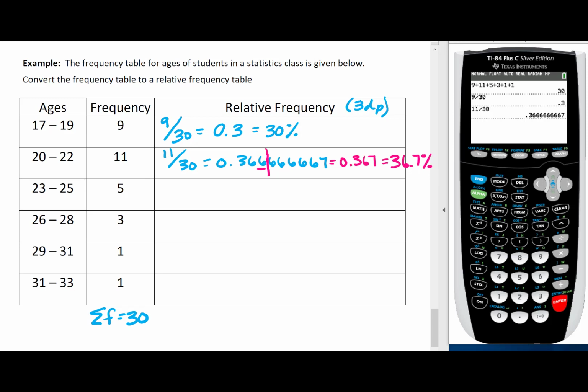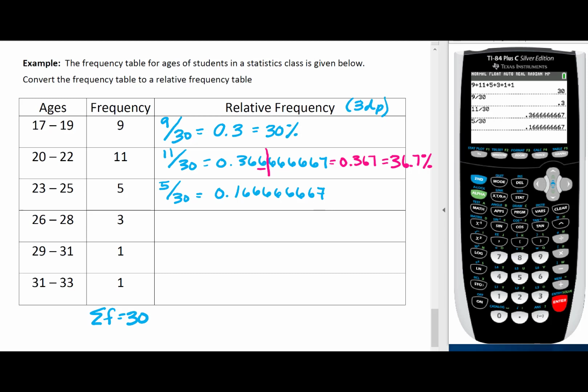Next, between the ages of 23 and 25, we have 5 students of that age. So we take our 5, divide it by our total of 30. Use our calculator, 5 divided by 30, hit enter. And again, we have that repeating decimal, 0.1, all those 6s, and a 7.